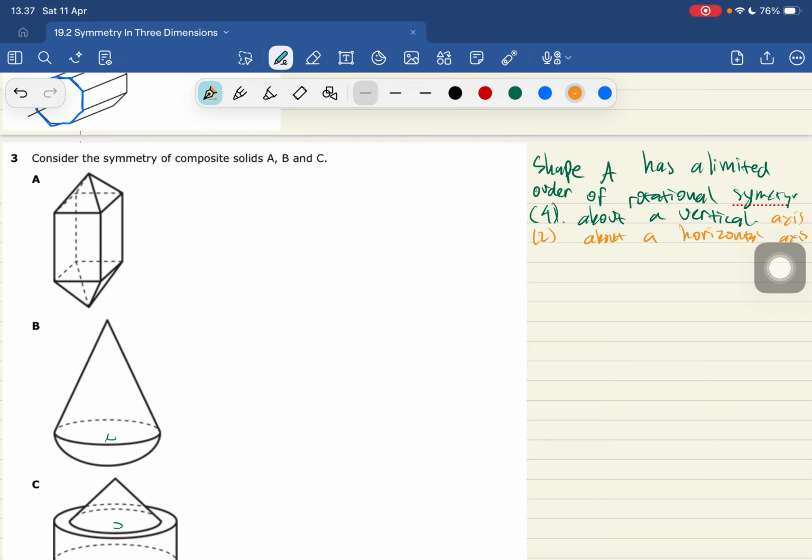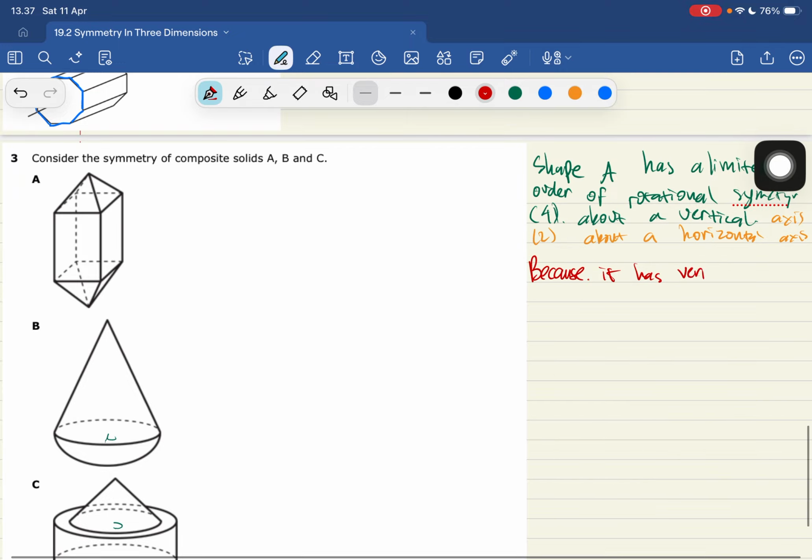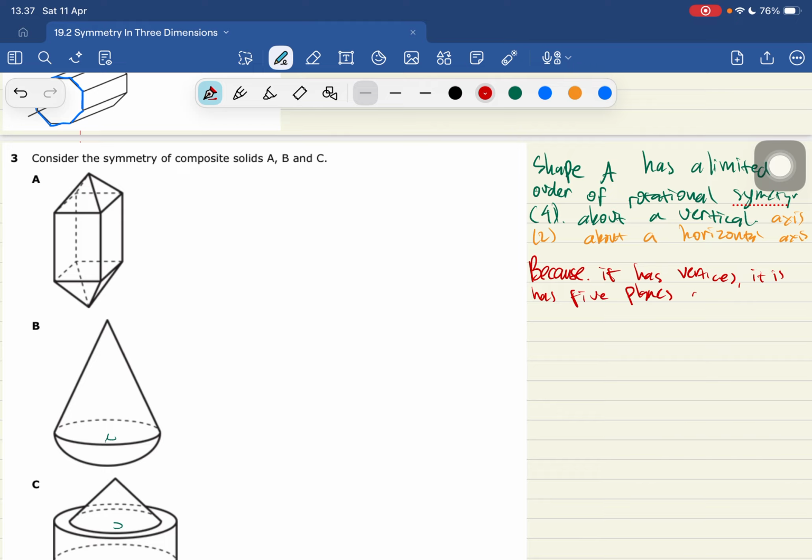Why? We can write it because it has vertices. Yes, because it has vertices. And it also has 5 planes of symmetry.